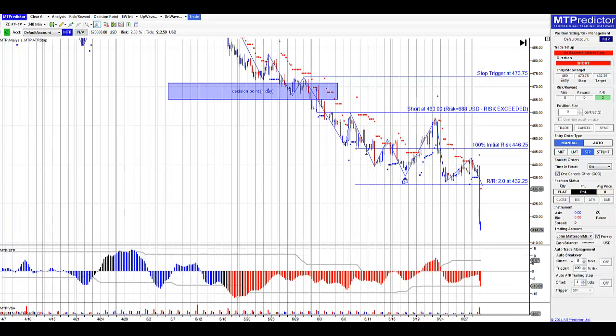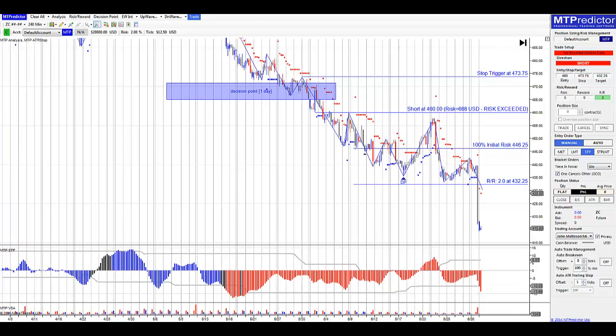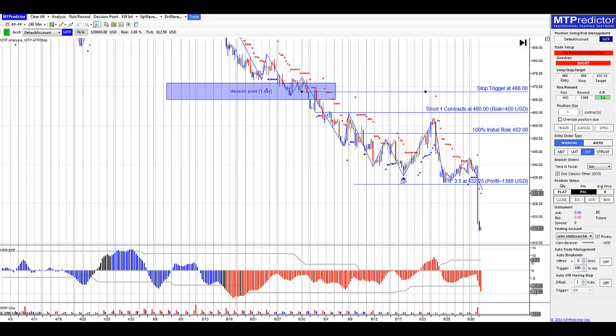So maybe not able to trail with the trailing stop, but you get the point. Whatever your analysis is, you could even tighten this up a bit and turn that into 4.6R, once price breaks the level here.